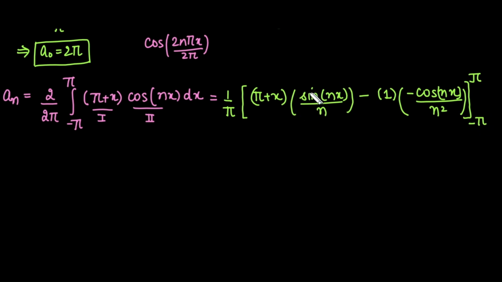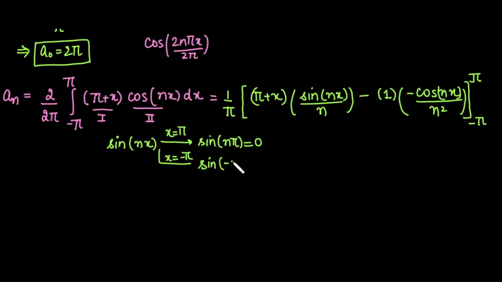Next step, observe sine and cos function at both the limits. Sine of nx at upper limit when x is equal to pi, that is sine n pi. Sine n pi is 0. At lower limit minus pi, sine of minus n pi, that is also 0 because minus of sine n pi is also 0.